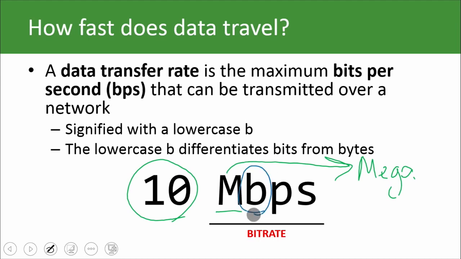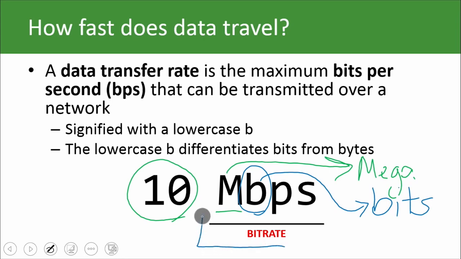This lowercase b is a little bit different from the type of data that we store. It represents bits, right? Not to be confused with a capital B, which would represent bytes. This whole construct down here is called the bit rate. And we use that to measure how fast data transfers over a network.